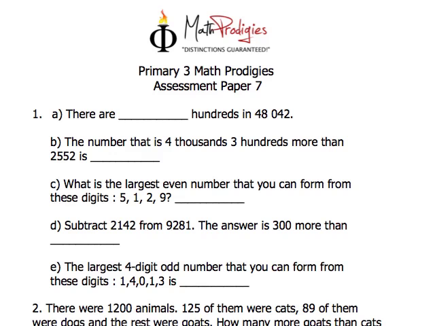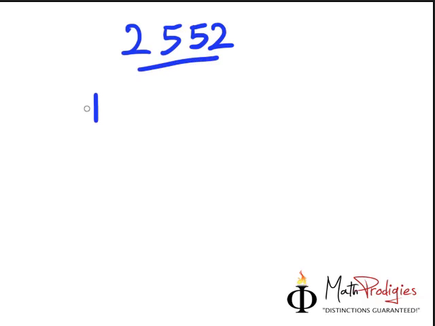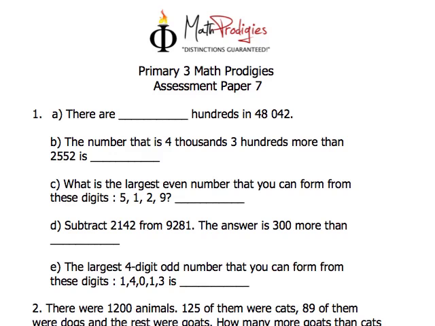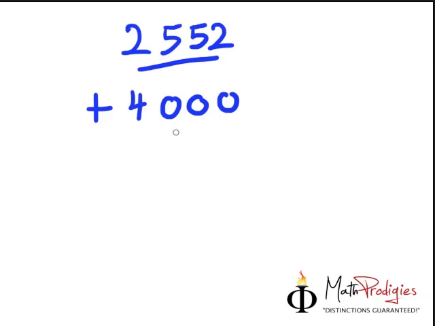Part B is this: the number that is 4,300 more than 2552. It is very easy. So the question is asking you for more than, which means you add them together. So for this number, which is more than 2552, you have to add 4,000 and then another 300.